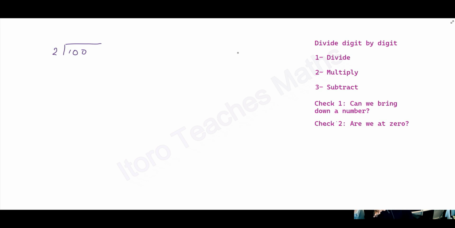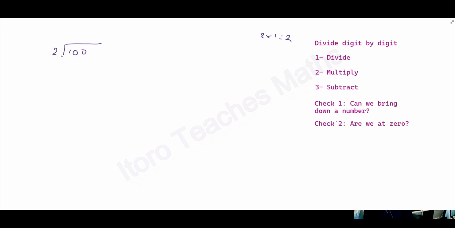We already know that 2 times 1 is 2. So if we multiply by 1, we're already bigger. We get 2, which is already larger than 1, right? So in this case, 1 is too large. So the only reasonable number is 0.